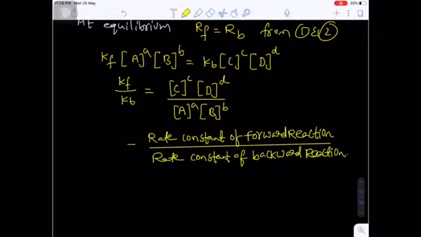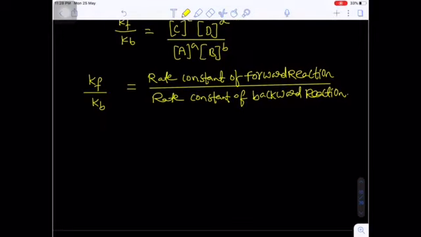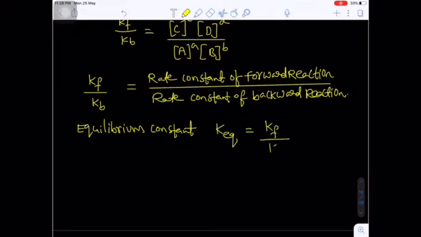Now this Kf by Kb, the ratio between the rate constant of forward reaction to that of the rate constant of backward reaction, is called equilibrium constant. Is called what? Equilibrium constant. Equilibrium constant is a ratio between the rate constant of forward reaction to that of the rate constant of the backward reaction. This is a very important formula.